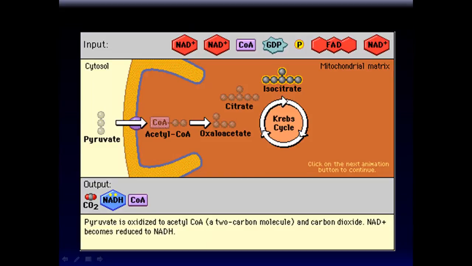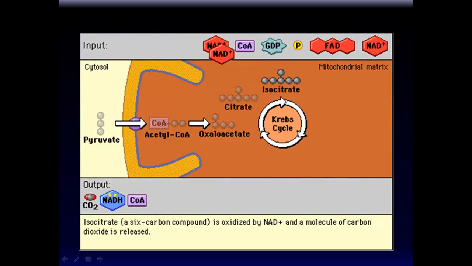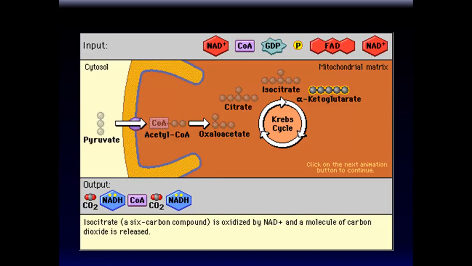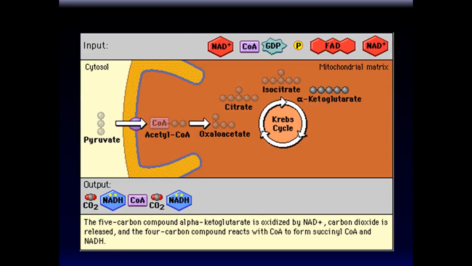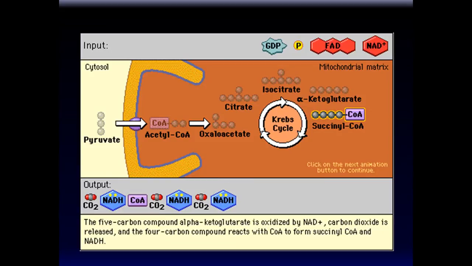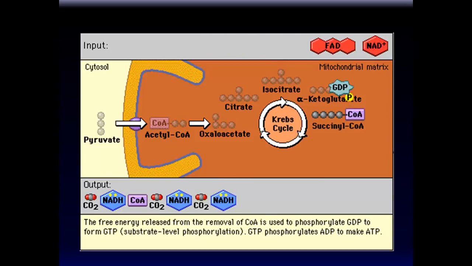Citrate changes to isocitrate, and isocitrate is going to generate, again, NADH, releasing carbon dioxide, producing alpha-ketoglutarate. Alpha-ketoglutarate, again, is going to give you one more NADH and carbon dioxide. And succinyl-CoA is going to produce GTP, which then makes ATP.